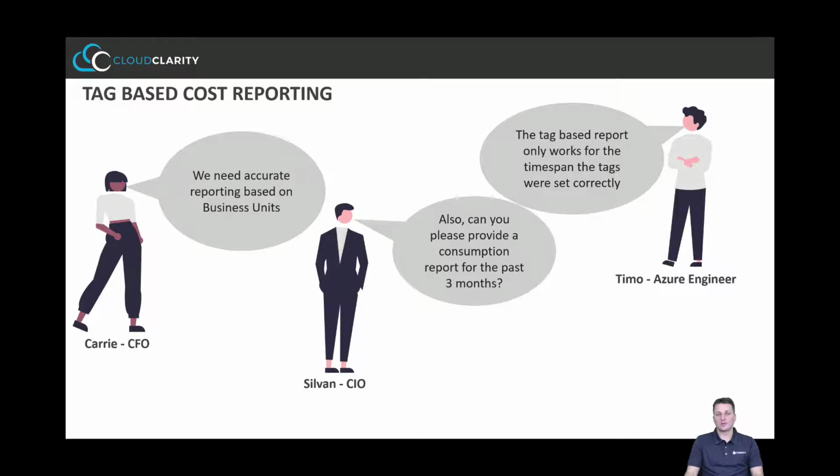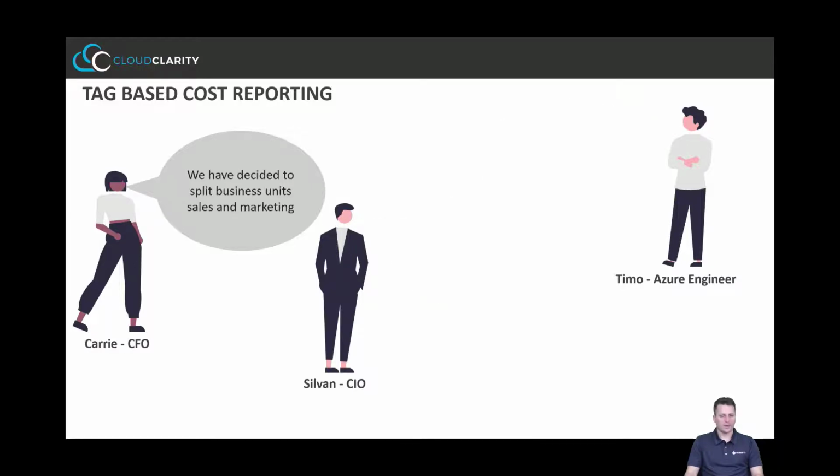Timo responds, the tag-based reports only work for the time span the tags were set correctly, which is not even a month. And if that's not enough, Carrie also decided to create separate business units for sales and marketing, so they will be split. So it looks like we have quite a task at hand. How can we report on business units and split sales and marketing numbers? Timo, can you help again?